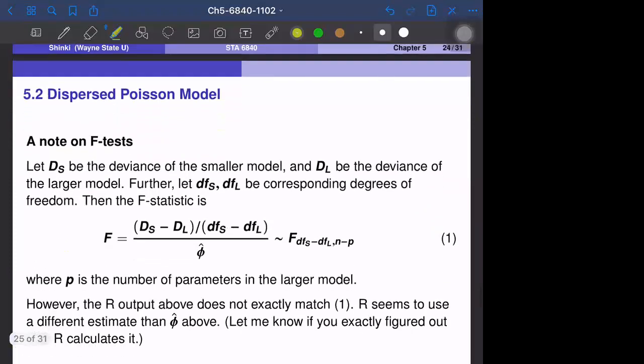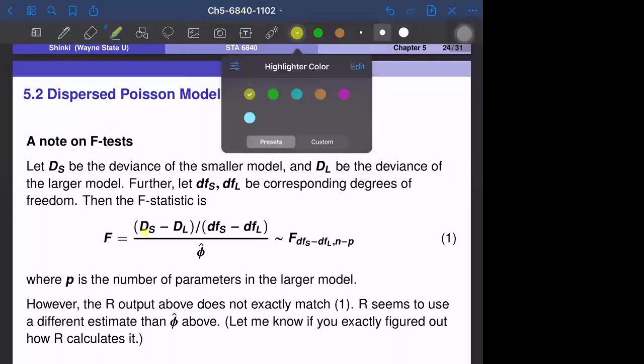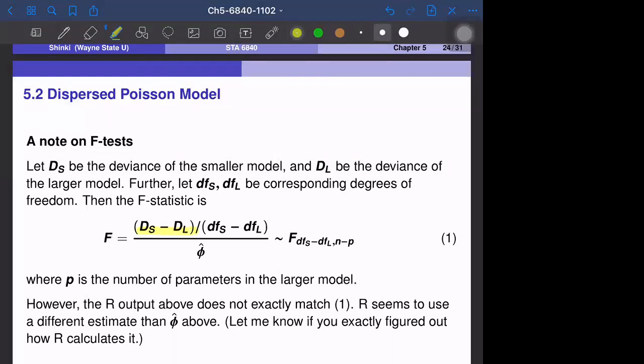Then a note on the F-test. What's the F-test? The F-test is basically the chi-square test, but adjusted by something. Originally we have this term, the difference in deviances, which follows the chi-square distribution with DFS minus DFL degrees of freedom. DFS and DFL are the degrees of freedom for these two models. But here we have one more uncertainty, that is phi hat.